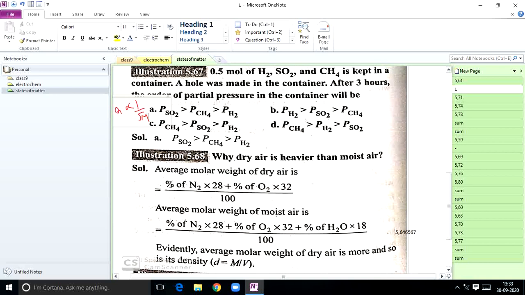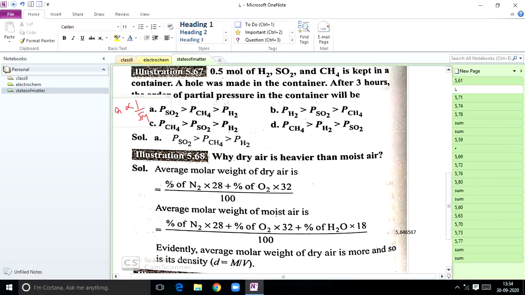Next, why is dry air heavier than moist air? See, the average molecular weight of dry air is given as percentage of nitrogen into 28, its molecular weight, plus percentage of oxygen into its molecular weight. That is the average molecular weight of dry air.